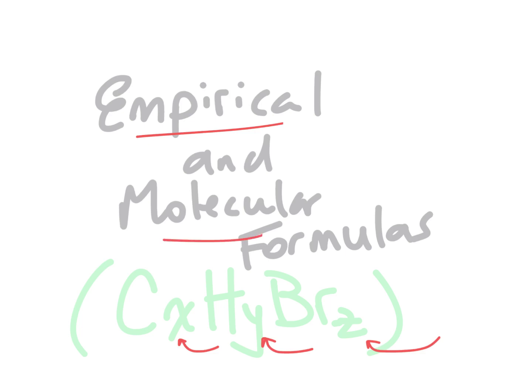And a molecular formula is not necessarily the lowest whole number ratio, it's the literal ratio of how many of each of those respective atoms you would find in a molecule of that compound. Okay, so let's determine some empirical and molecular formulas from data.